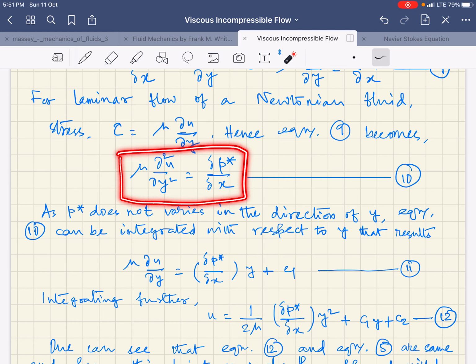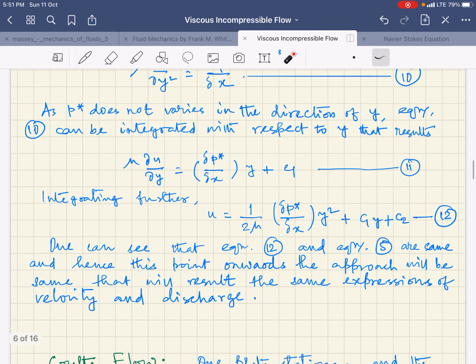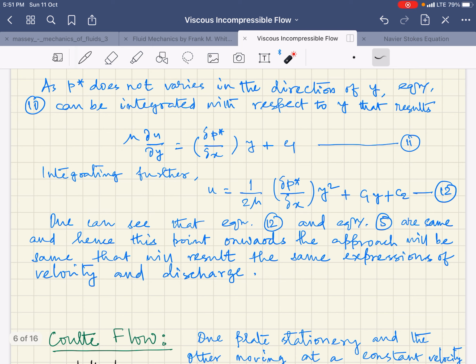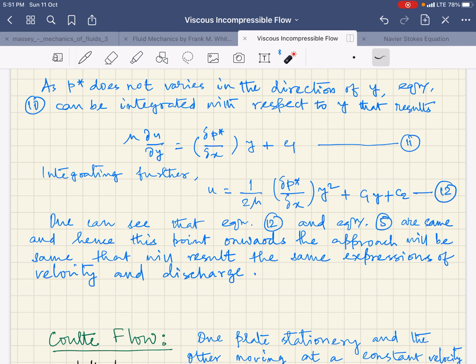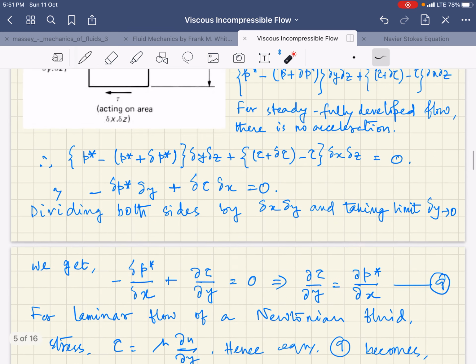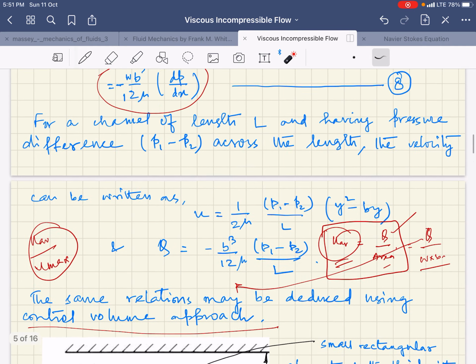So when this is integrated, you will lead to the same form of the velocity profile that we obtained using the Navier-Stokes equation. That is what I am talking about, which is here denoted as equation 12. So this equation 12 and equation 5, if you look back into equation 5, it is the same thing.